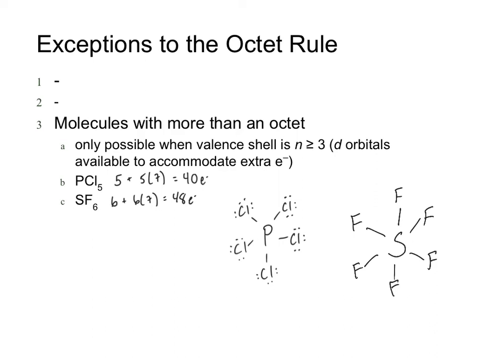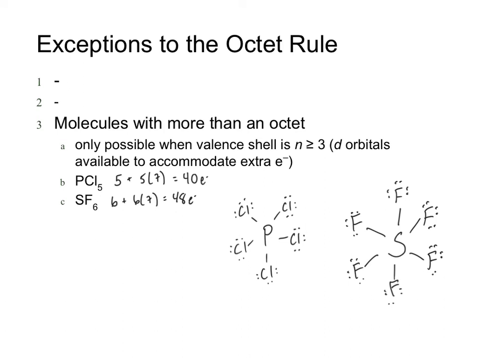And then, once again, we're going to place our remaining electrons as lone pairs around our outer atoms. And in doing so, we'll see that we have used all 48 of our electrons.